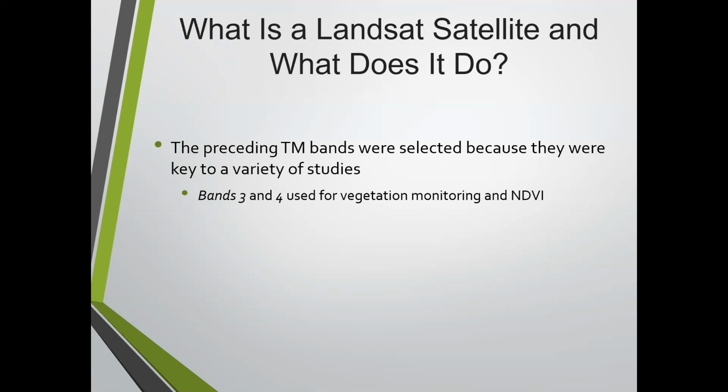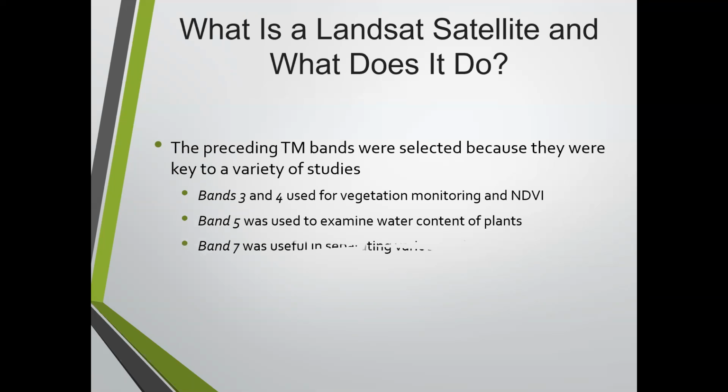So the Landsat program has been a real push in the development of that. Band 5 was used to examine water content of plants. And band 7 was used in separating various rocks and minerals. If you think about that, that's pretty cool, because we're running out of certain minerals, and by doing this type of satellite surveillance, it might help look into certain areas where you might be able to find some of those precious metals and minerals.